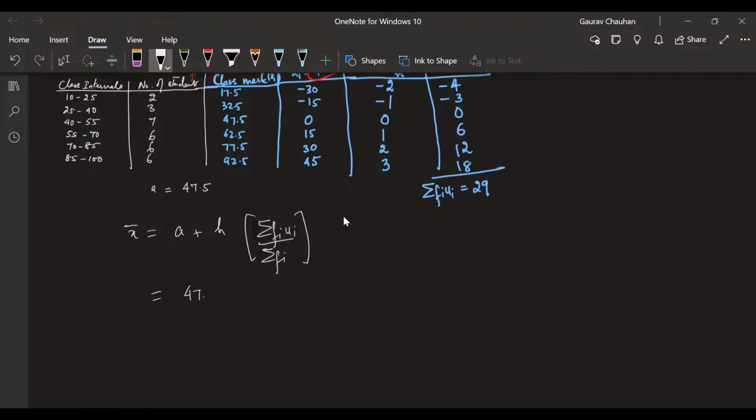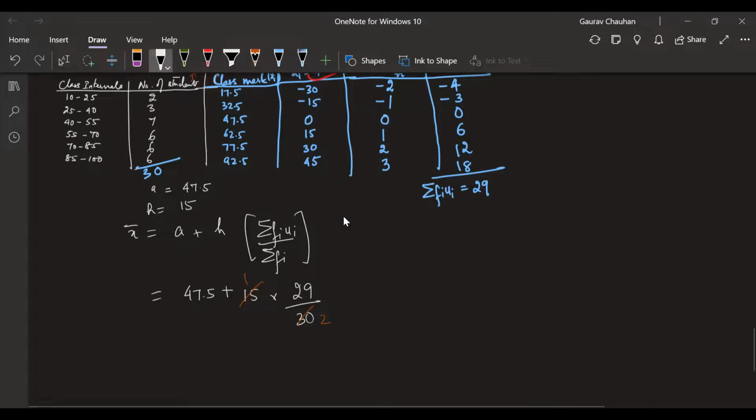So x bar is equal to 47.5 plus h, which we took as 15. 15 was our h, we should write that here also. So 15 into sigma fi ui, which is 29, by sigma fi, which we already know is 30. So 29 by 30. Now 15 and 30 will get cancelled here, 1 here, we have 2.